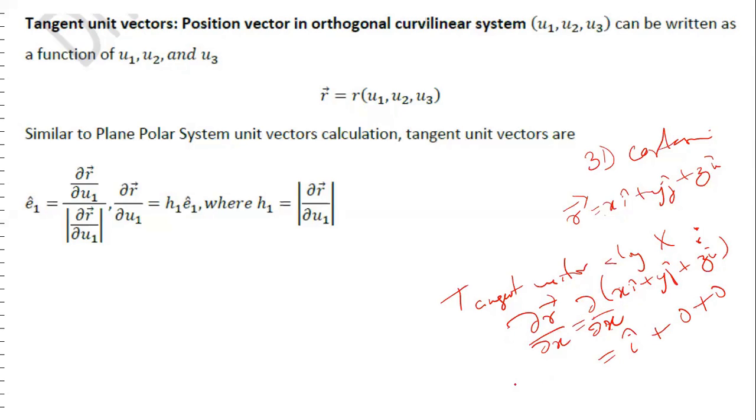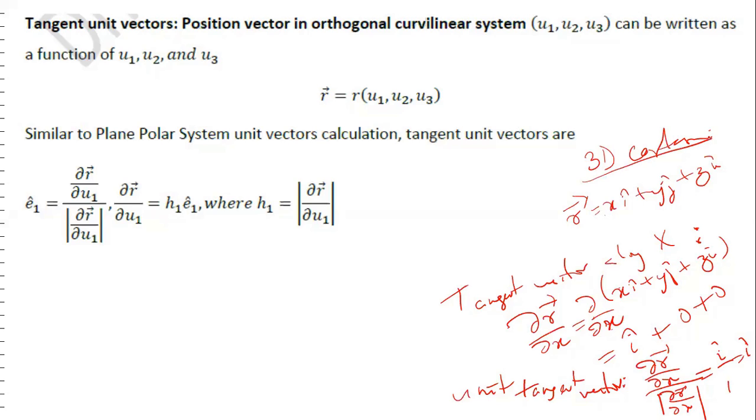In order to find unit tangent vector, you take del r upon del x divided by the magnitude of del r upon del x. The magnitude of this is 1, so this is i. So just like that, you can find the unit tangent vector, and similarly you can find the others.